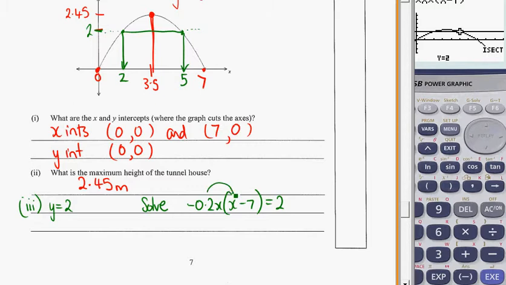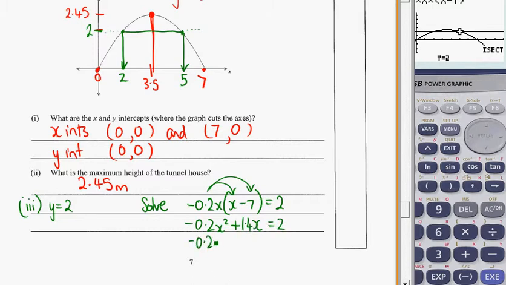Right, it's not easy. We would start by expanding the brackets, negative 0.2x squared. Now when we multiply those two terms, two negatives make a positive. I'm going to need the x term, and I'm going to need 0.2 times 7, which is 1.4 equals 2.